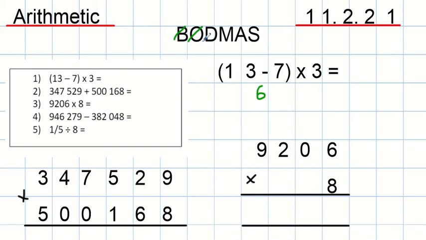D stands for division, there's no division. M stands for multiplication, and yes, there is some multiplication to do, and I need to do 6 times 3, or 6 multiplied by 3, and 6 times 3 is 18. I'll jot that down, just while I'm double checking that there's no addition and that there's no subtraction, so I can be certain that my answer is 18.